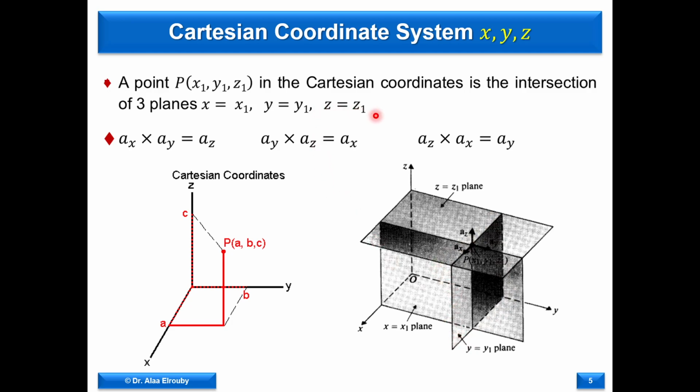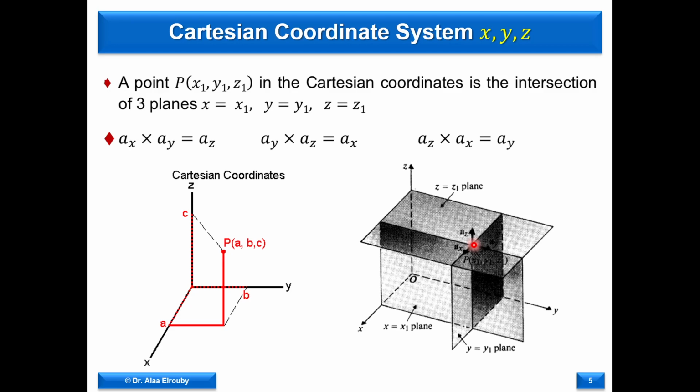And z equal z1, as we just described, are all the points in the plane that have z equal z1. It's a plane parallel to the xy plane, elevated by z1 units. So the intersection between those three planes is this point, which is the point x1, y1, z1.